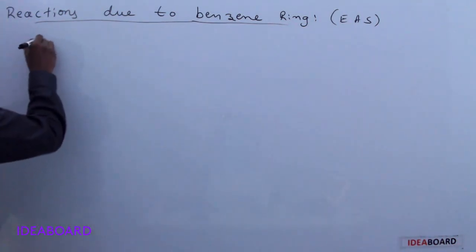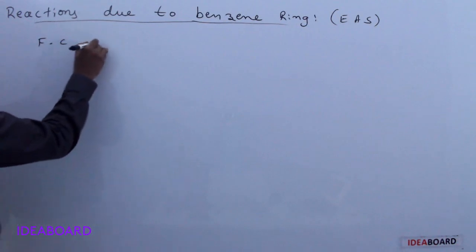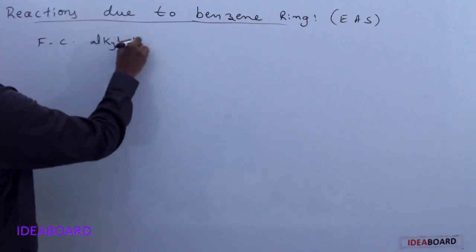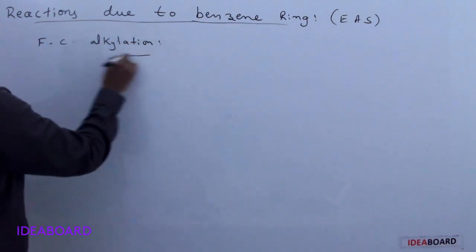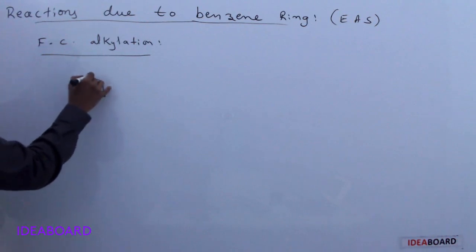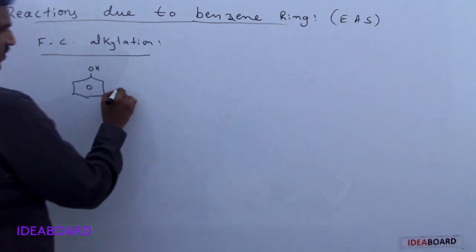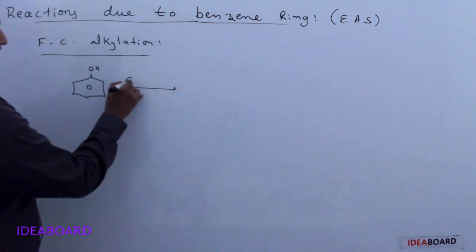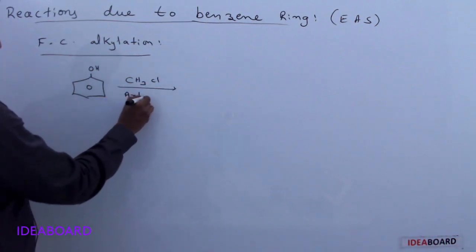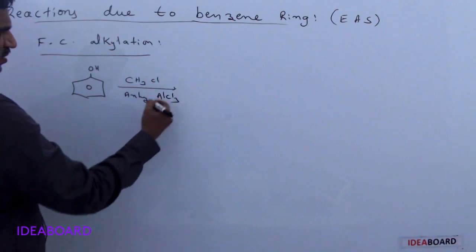Next one, Friedel-Crafts alkylation. In the Friedel-Crafts alkylation reaction, we take phenol, and this phenol reacts with an alkyl halide, suppose CH3Cl, in the presence of anhydrous AlCl3.